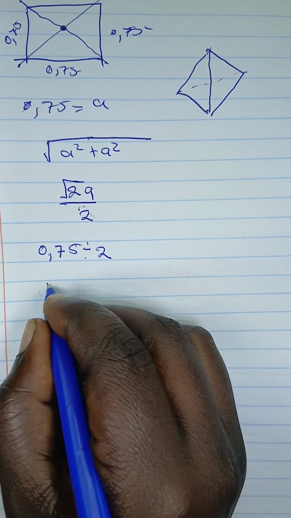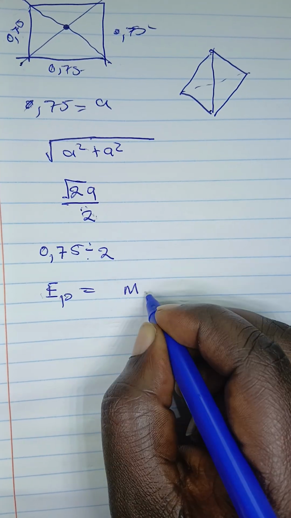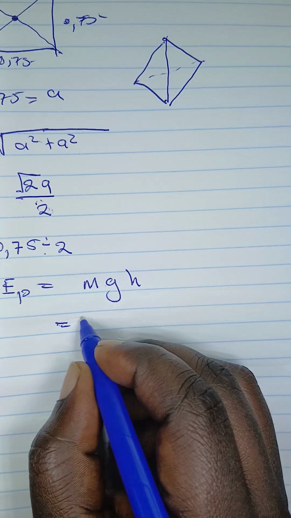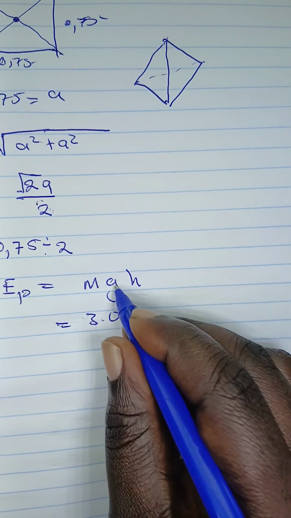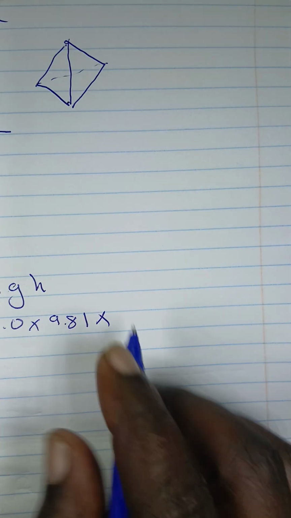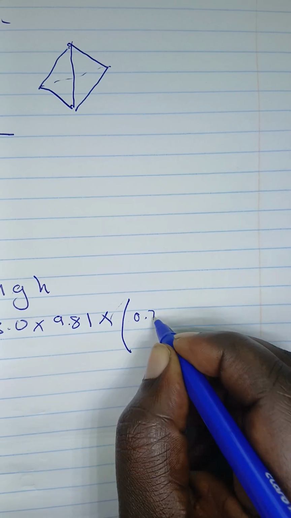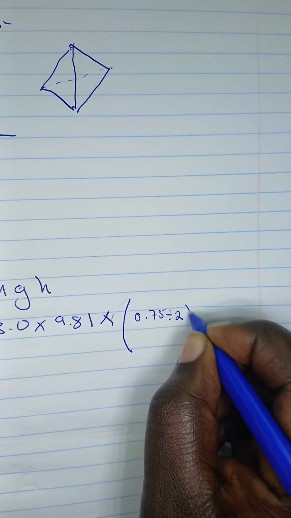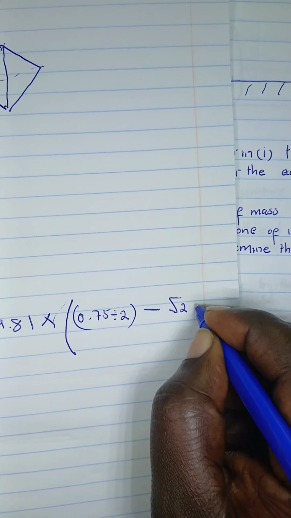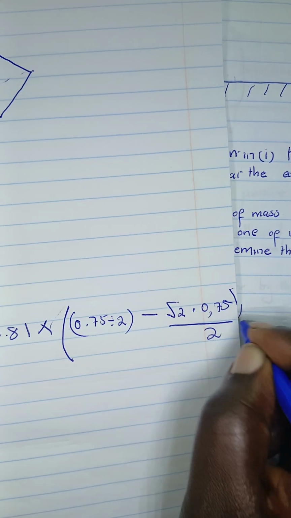the potential energy gained. So the potential energy gained is equal to mgh. So it's equal to 3.0 multiplied by g, 9.81, multiplied by the initial height, 0.75 divided by 2, minus root 2 multiplied by 0.75 over 2.